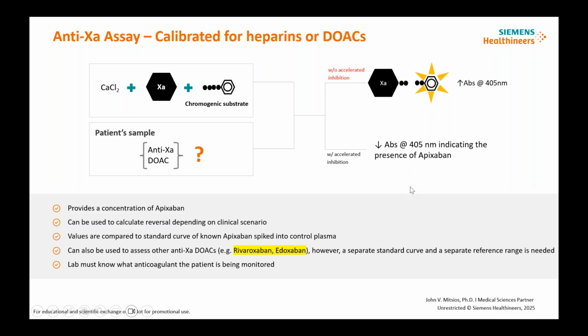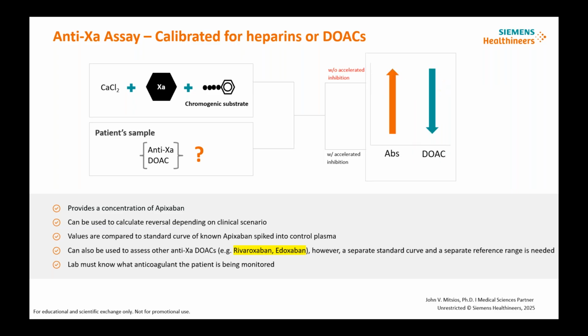There are a number of things that can happen. In this particular case, you can get accelerated inhibition, which results in a decrease in absorbance at 405 nanometers, indicating the presence of apixaban, or without accelerated inhibition, the absorbance actually increases. So they're inversely proportional: the higher the absorbance value that you get, the lower the DOAC.